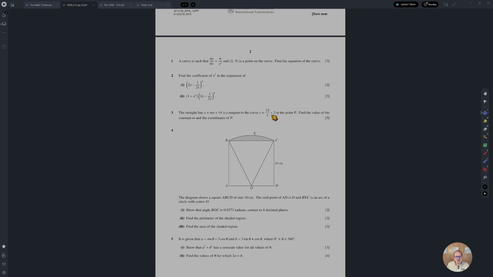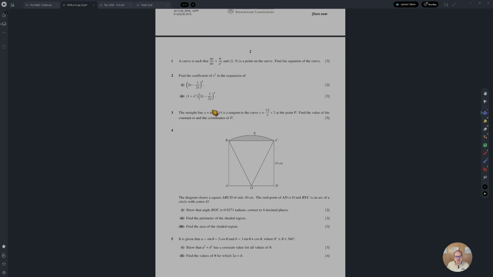Okay, if you want the gradient to be m, then you equal that to m, and you have one equation. Don't forget, you want two things. You want the value of x that is going to be the coordinate of point P, with which you can then get the coordinate of y. And you want the value of m. So basically, you have two unknowns. So you need two equations. You already got one, which is, again, differentiate this and equal it to m.